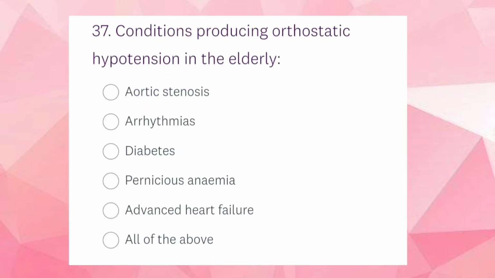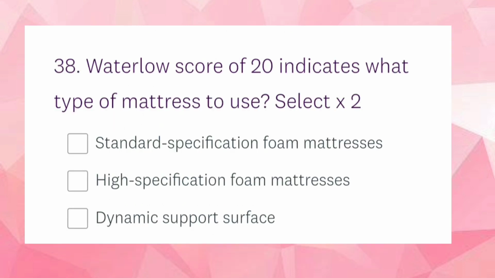Conditions producing orthostatic hypotension in the elderly. A Waterlow score of 20 indicates what type of mattress to use.